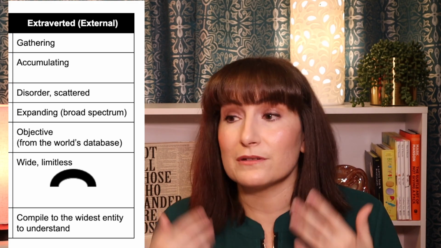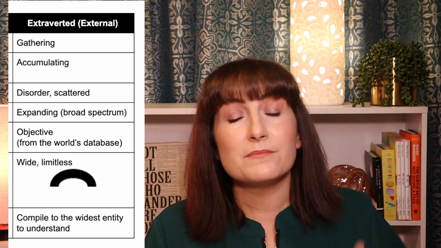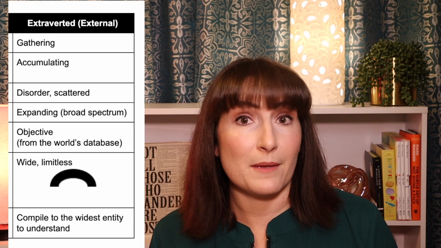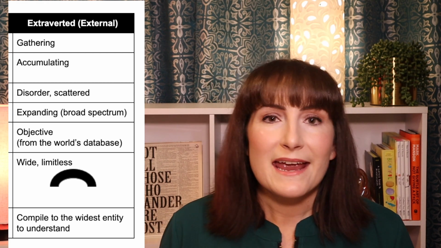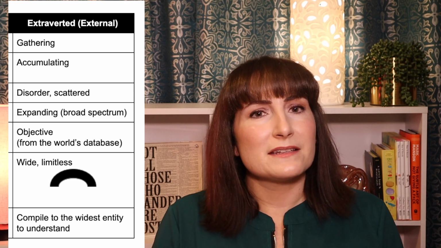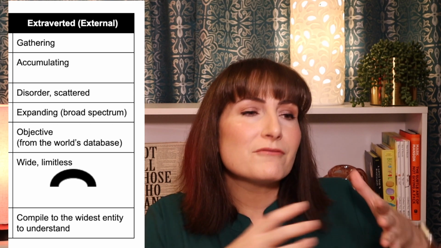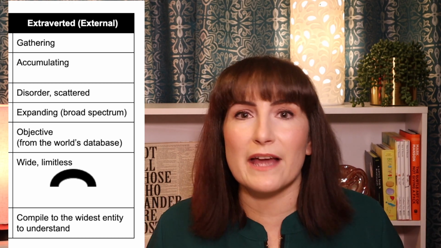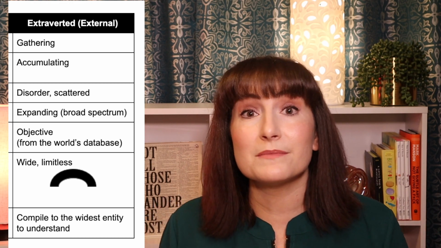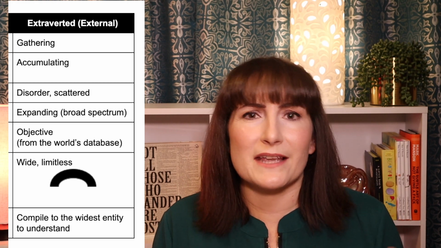If I go through that checklist, then an extroverted thinker would be gathering the reasons and rationale that others have. So they might ask somebody, why did they think that? Why did they do that? Give me your reasons, I'd love to hear them. That kind of thing. And there is somewhat of a disorder to that because they're not necessarily going to rank every single one of them. They might have all these different rationales, but not necessarily have ranked them in a particular order. So there's that disorder and scatteredness of it.